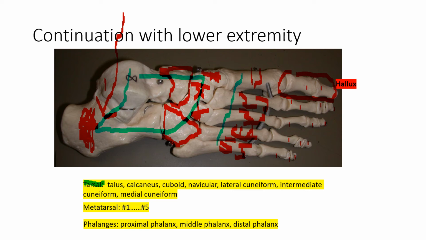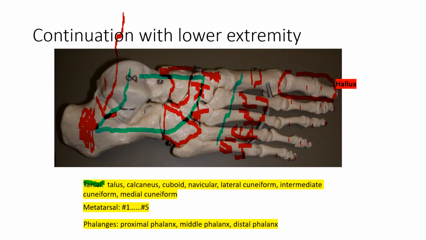Now for the phalanges, there are 14 phalanges, but do keep in mind that all toes have 3 phalanges except the big toe. So the big toe has 2.